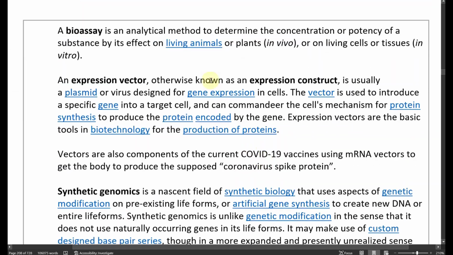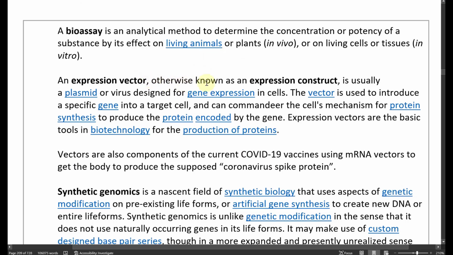An expression vector, otherwise known as an expression construct, is usually a plasmid or virus designed for gene expression in cells. The vector is used to introduce a specific gene into a target cell and can commandeer the cell's mechanism for protein synthesis to produce the protein encoded by the gene.